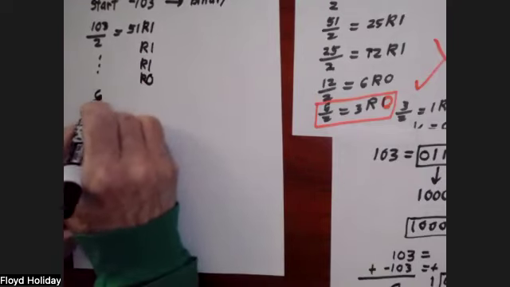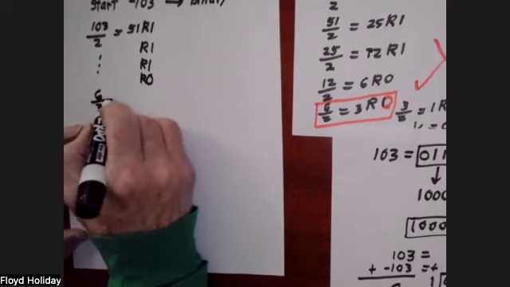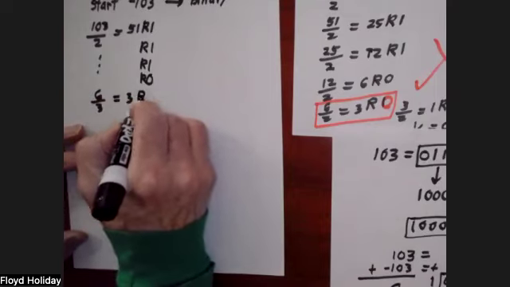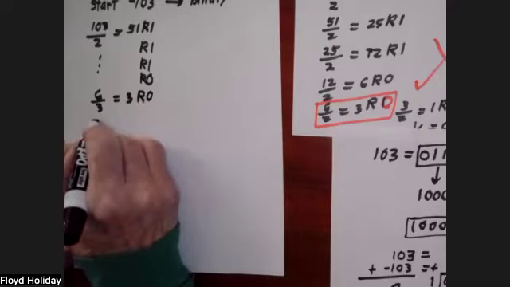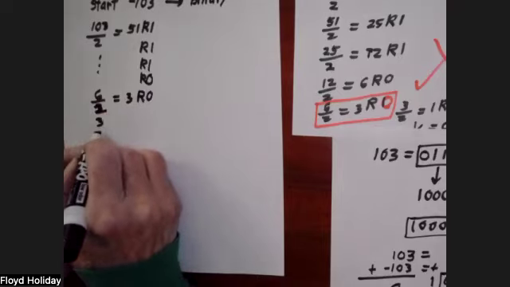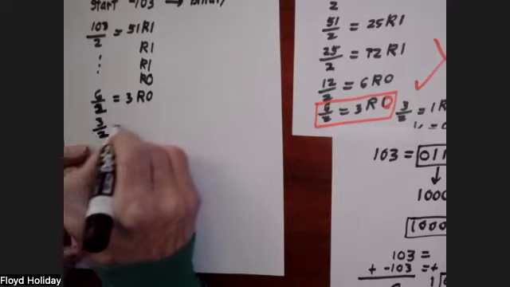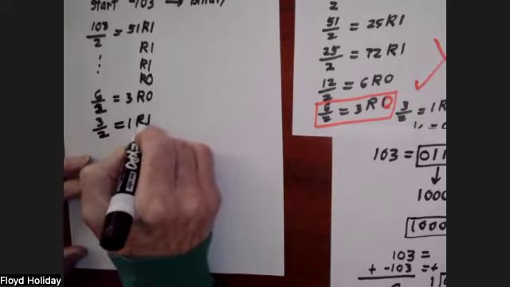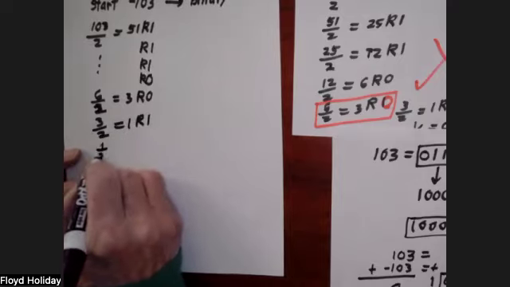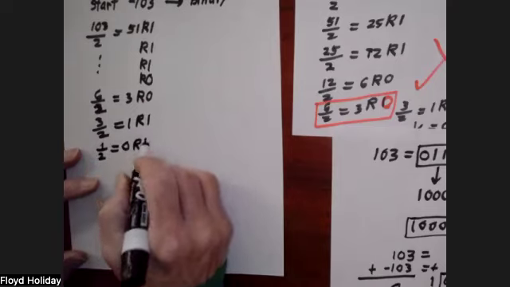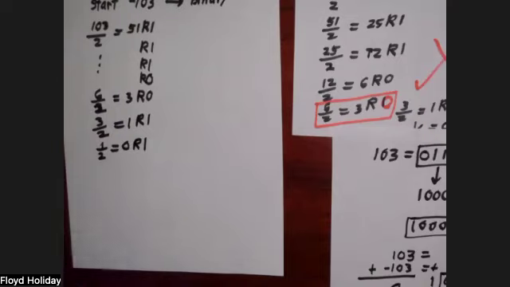Then there's 6 divided by 3 gives 3 R0, and then 3 divided by 2 gives 1 R1, and then 1 divided by 2 gives 0 R1. Okay, and that's far enough.